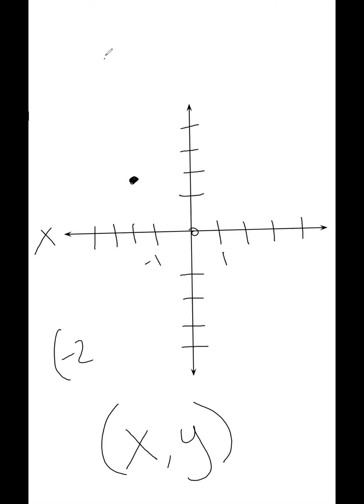And then I went up 1, 2, +2. So this point right here is -2, +2. We went over to -2, and then we jumped on our y-axis to +2.